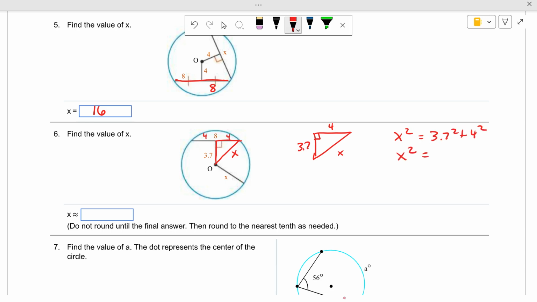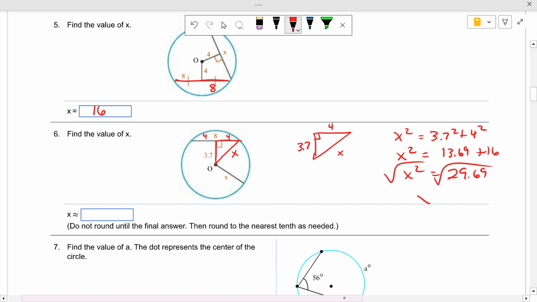X squared equals, I don't know what 3.7 squared is, but I know 4 squared is 16. What's 3.7 squared? Somebody help me out. 13.69. If we add them up, then we get 29.69. Take the square root. What is x? 5.74. 5.4. I'm good with 5.4.